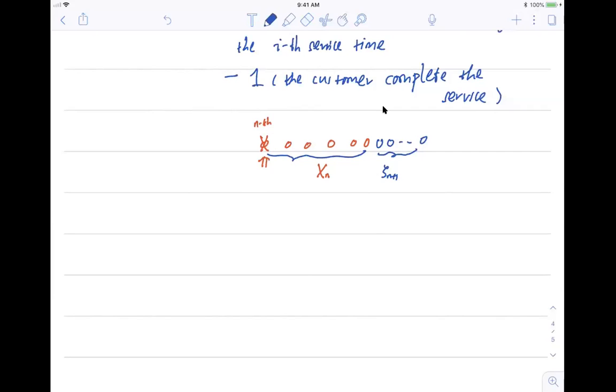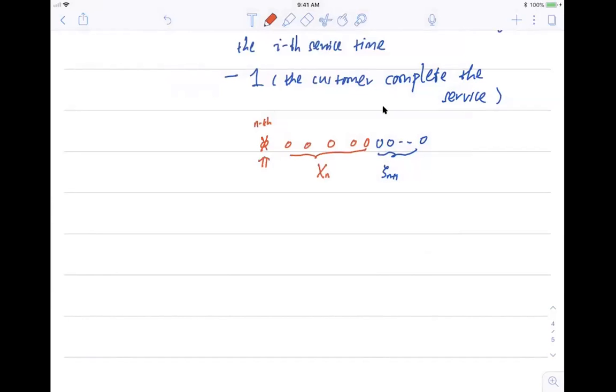I'm not sure. Okay, I don't see it. I think my previous version is true. So this is xn. If this one gets served, yeah, I'm right. Okay.